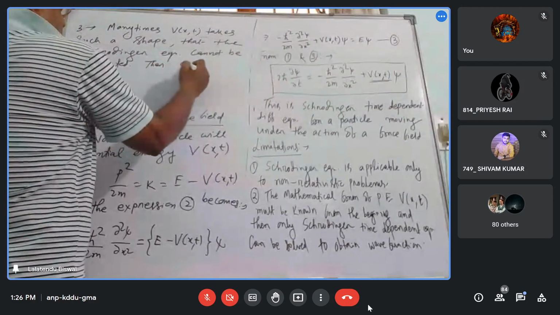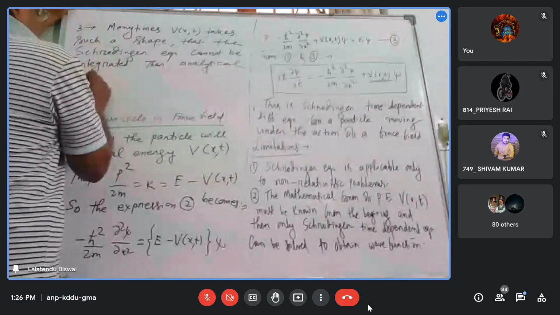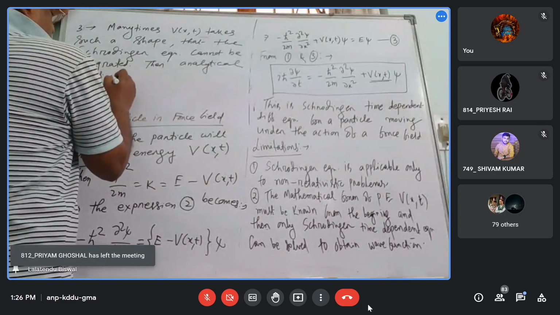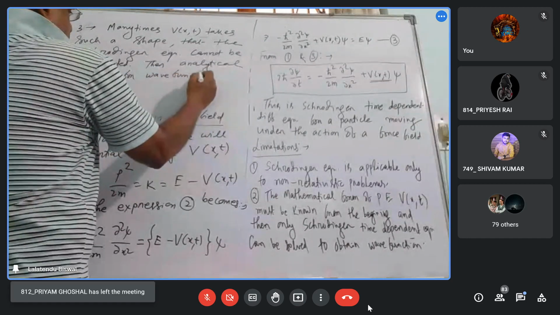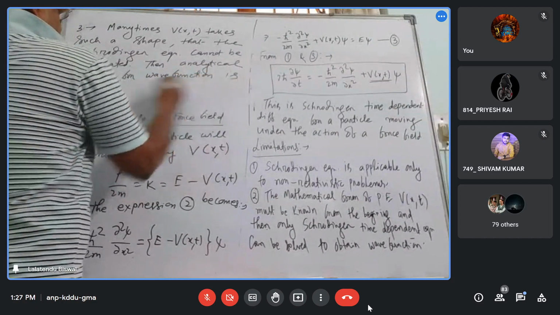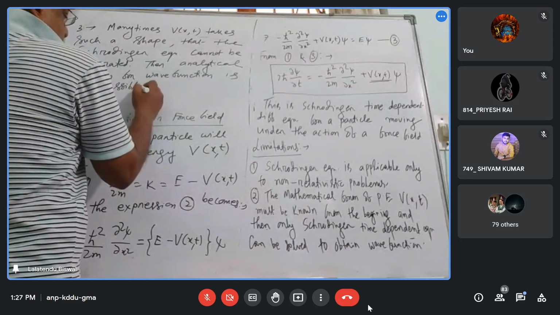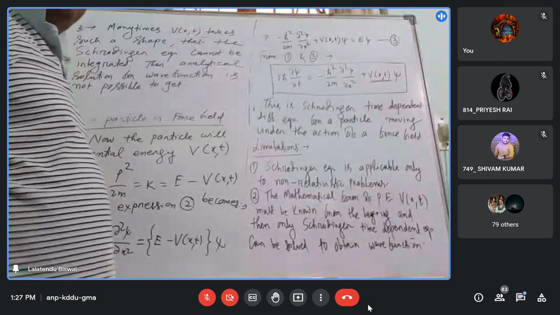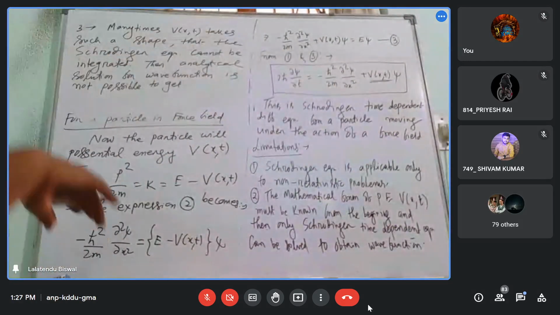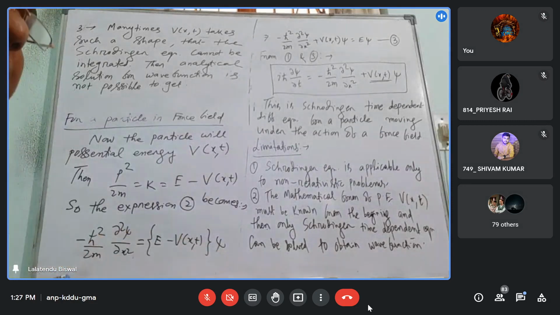Then an analytical solution or wave function is not possible to get. So these are a few limitations. These are the cases where the Schrodinger equation cannot be applied to reach a result.